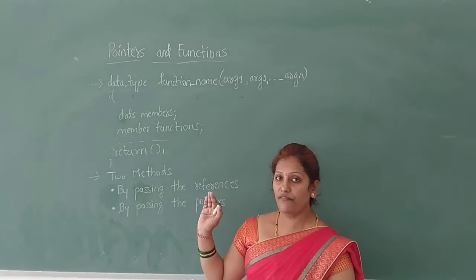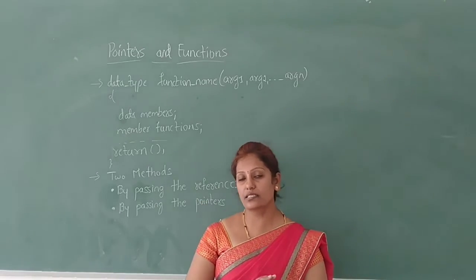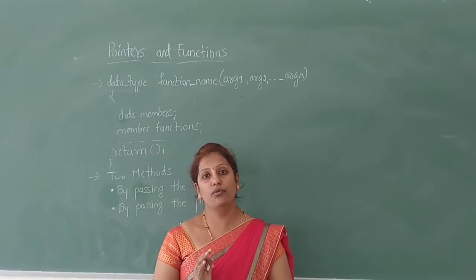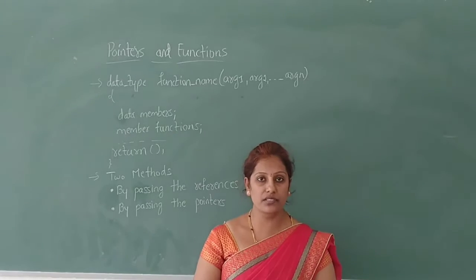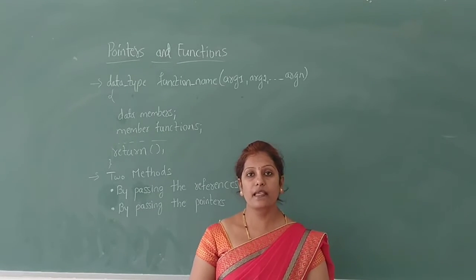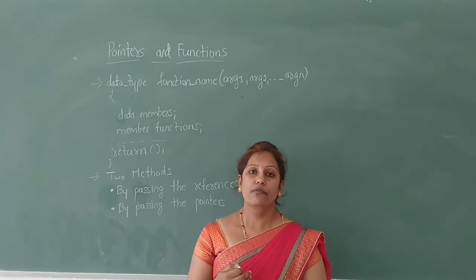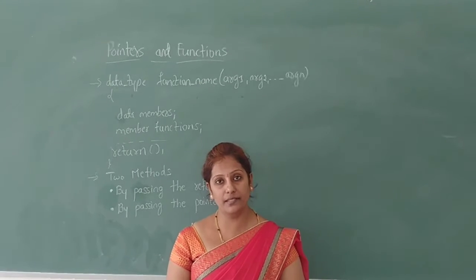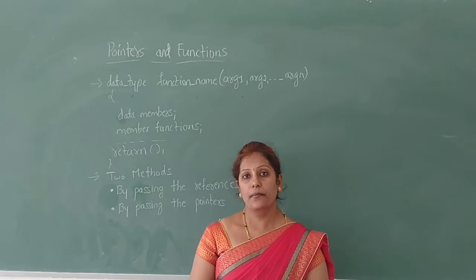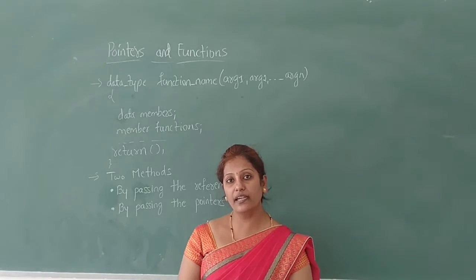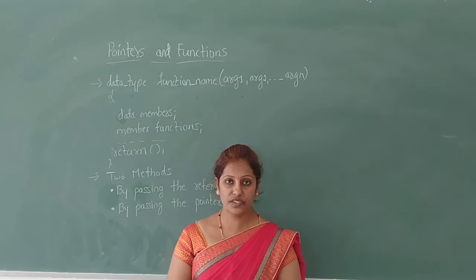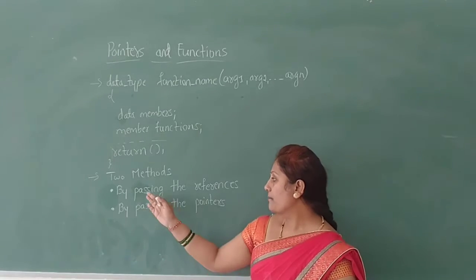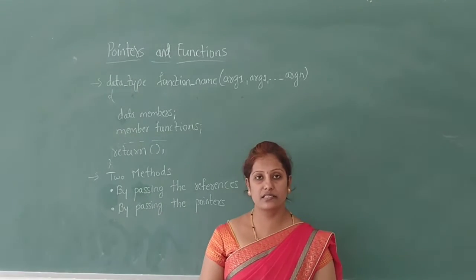Okay, here the formal arguments do not create their own copy of original values, rather they get the values from the actual parameter or actual arguments just by referencing with different names. Okay, this is called passing by references.